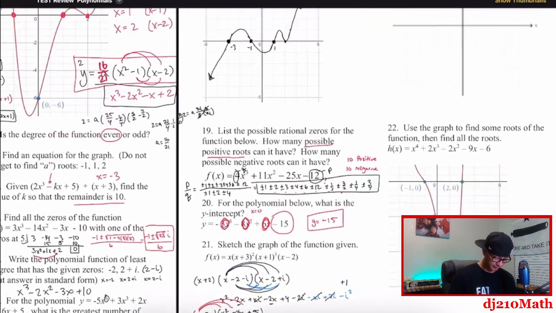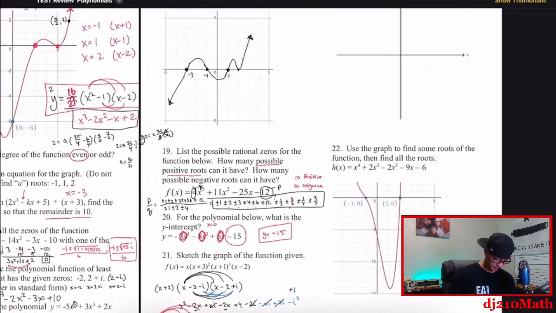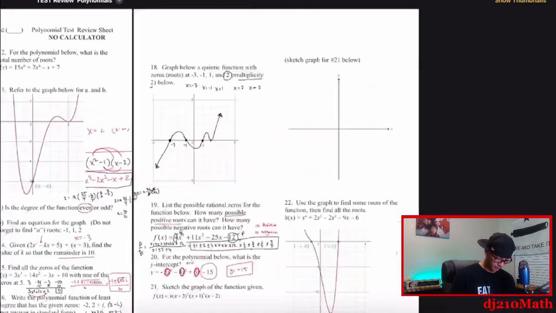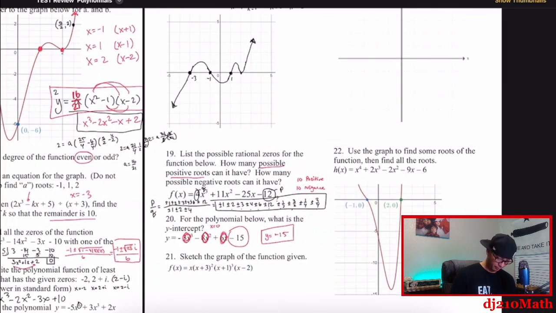Okay, sketch the given function. Let me erase some of this. Okay, so let me write it up here. x, plus 3 squared, x plus 1 cubed, x minus 2.